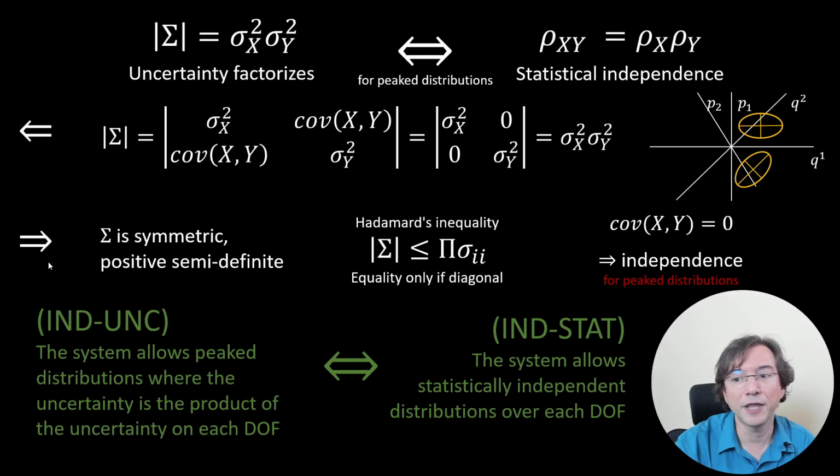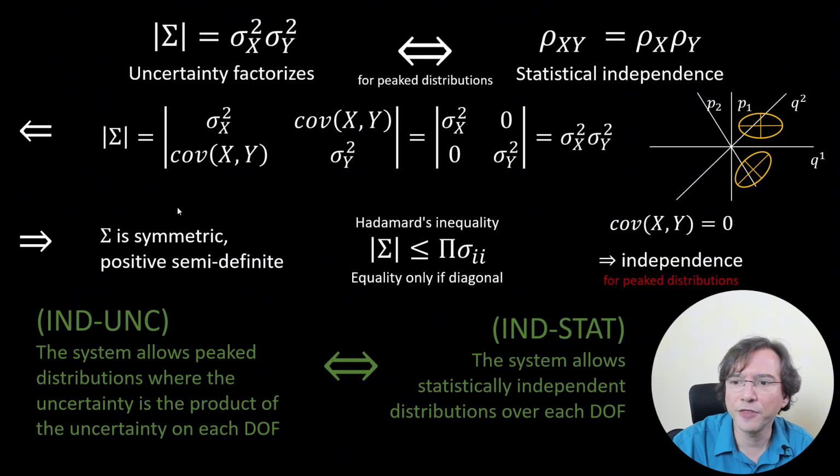Now, if we go in the other direction, the first thing that we note is that the covariance matrix is a symmetric positive semi-definite matrix, which means all the eigenvalues are 0 or greater. In fact, they're going to have to be non-zero if we really have a distribution over phase space and not something on, let's say, a line.